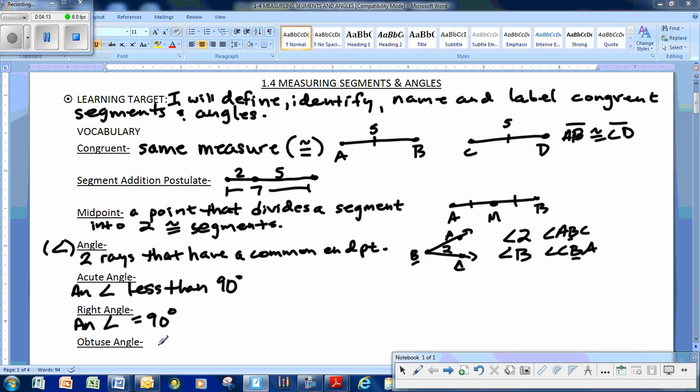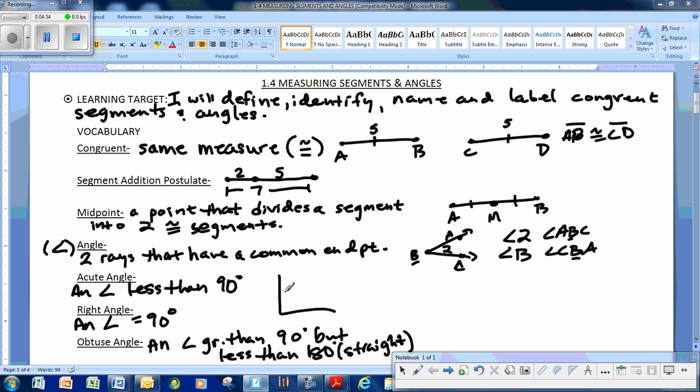And an obtuse angle is an angle greater than 90 degrees, but less than 180. A 180-degree angle is called a straight angle. Getting back to a right angle real quick. If we have a right angle, we want to make sure that the little 90-degree mark is boxed in the corner. So be aware of that.